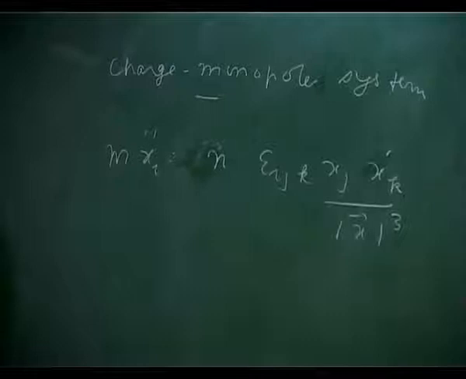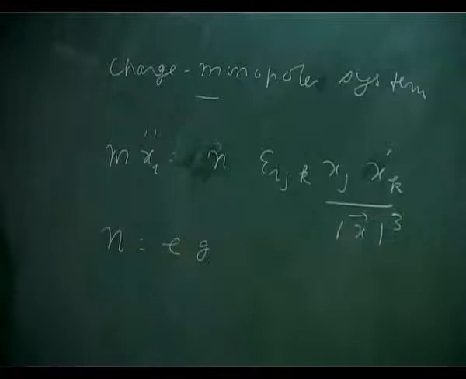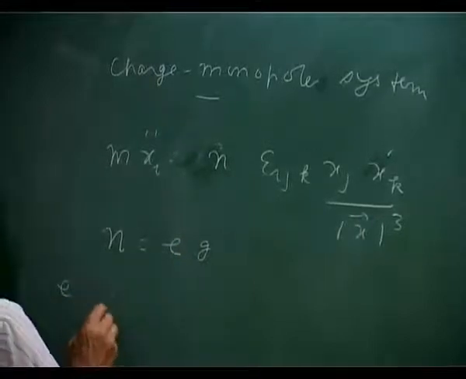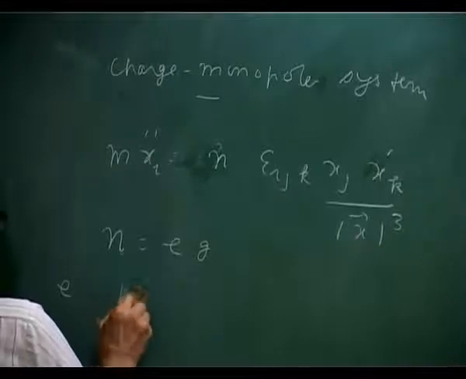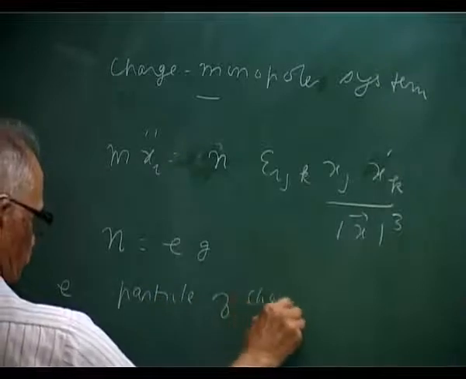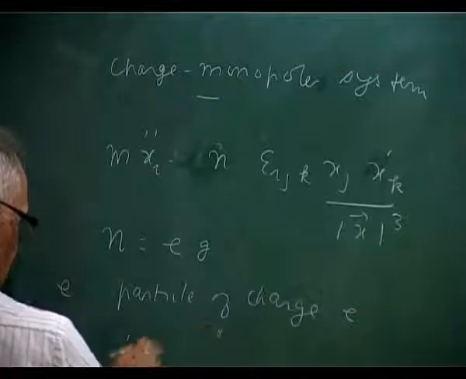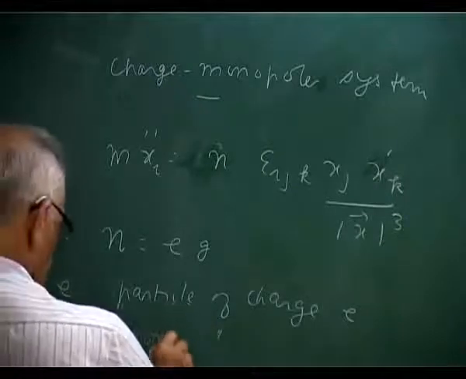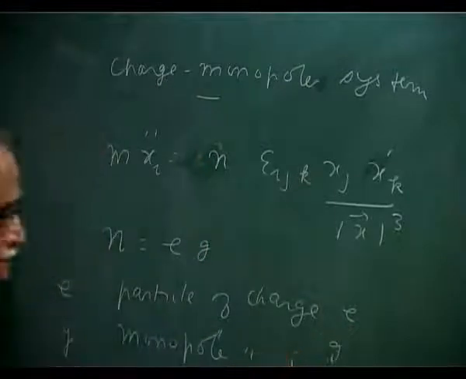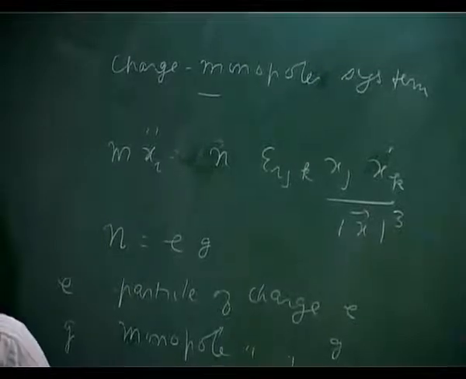Okay, there is something, this n is E times G, where E is say particle or charge E, G is particle of monopole or charge G, right, and X is relative coordinate.